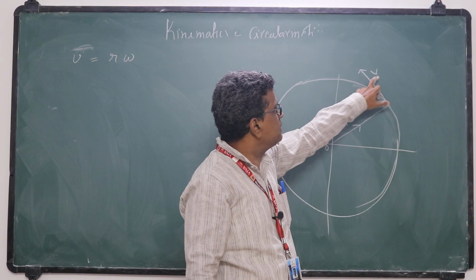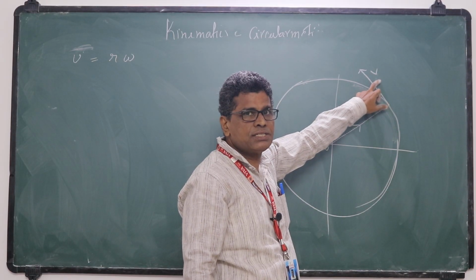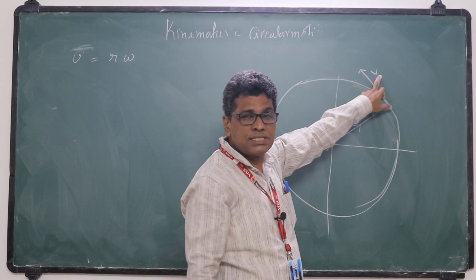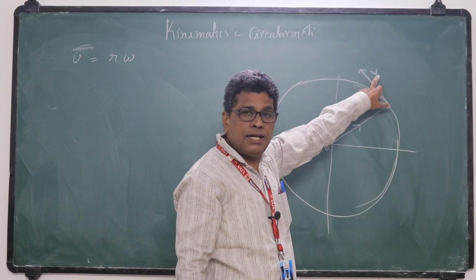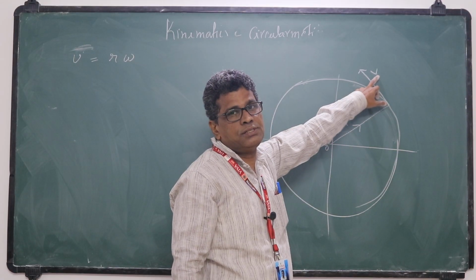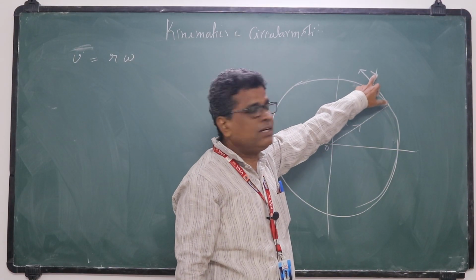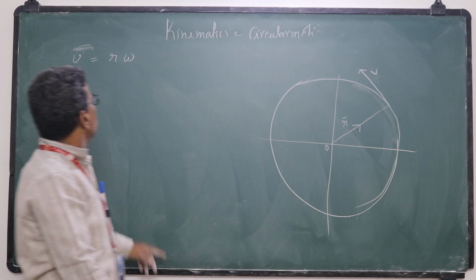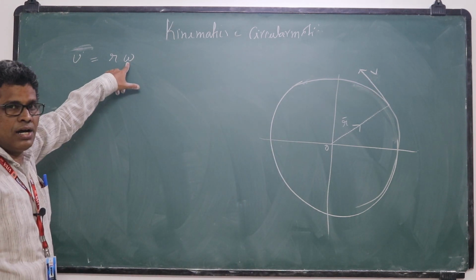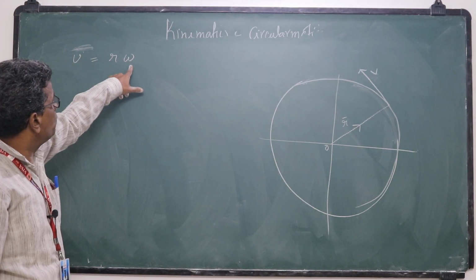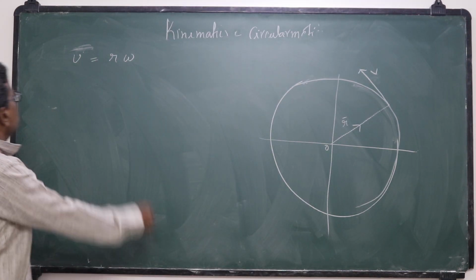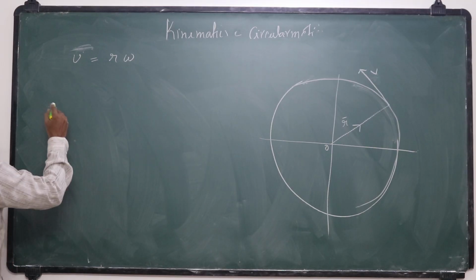Suppose its velocity changes, then its magnitude changes and its direction also changes. So I assume that V is variable. The angle between them is 90 degrees, so I will write V is equal to R omega.